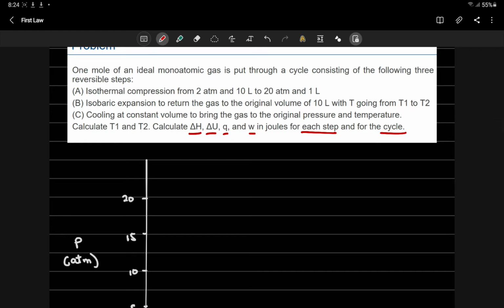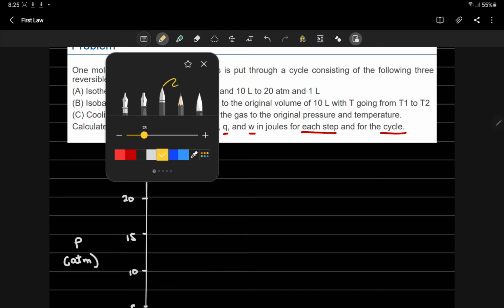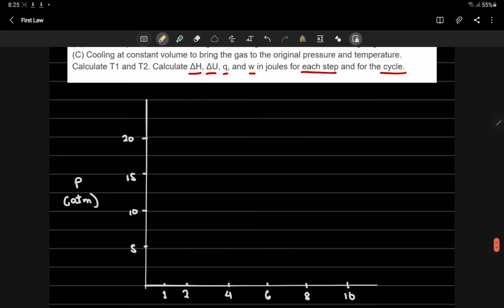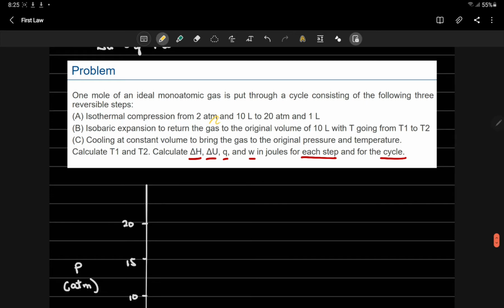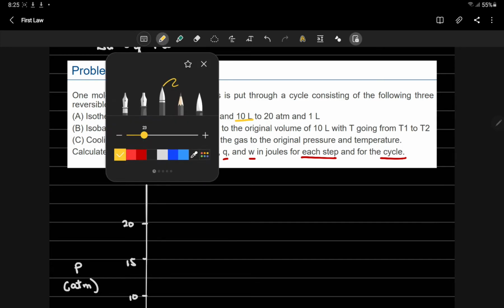So first, you have an isothermal compression from 2 atmospheres and 10 liters. Okay, and let me highlight that as well. So originally, you have 2 atmospheres and 10 liters. So let's try to identify that point.